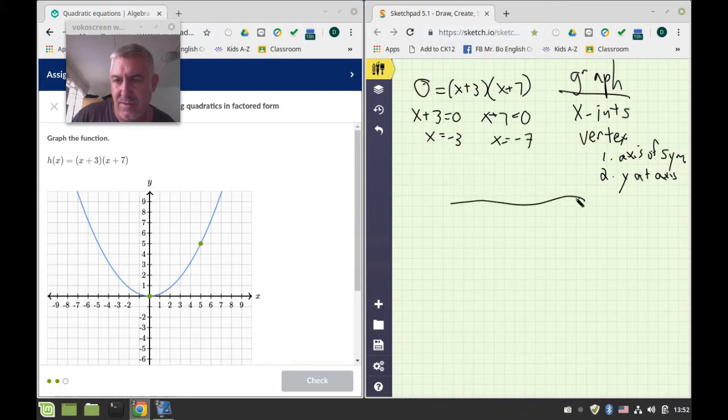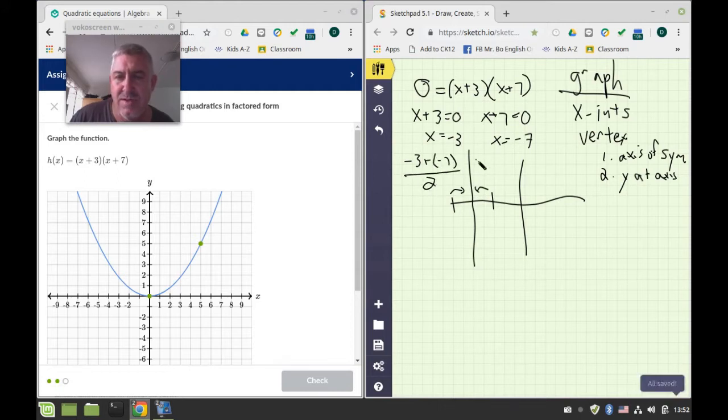So I got -3 and -7 here. I want to find the axis of symmetry there in the middle. So I take -3 plus -7 and average them, divide by 2. And that is -10 divided by 2, which is -5.